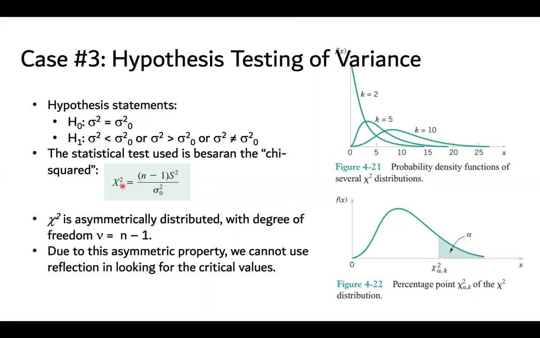Then you will get the chi-square, and the chi-square is always one-sided, always this area. If you have the significance level alpha, this is your area or probability, and this is going to be your chi-square.